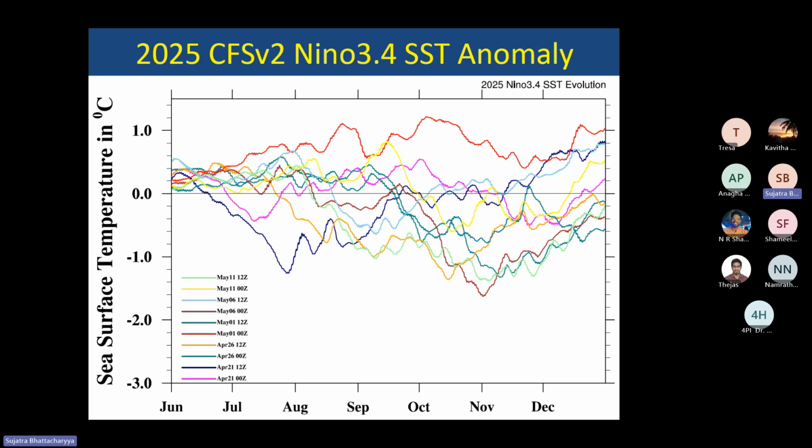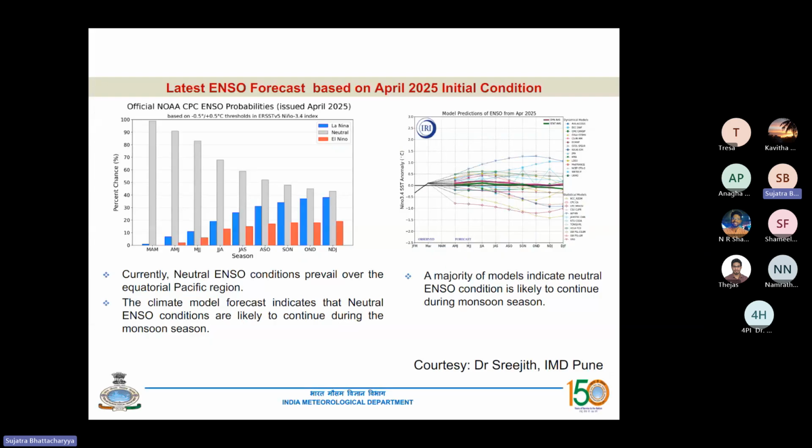the Indian monsoon is very much correlated with ENSO in the model. In this particular year, these are the 10 different simulations. Basically the values are on the zero line, which means it is almost a normal condition. This is what IMD also got, based on the April 25 initial condition.